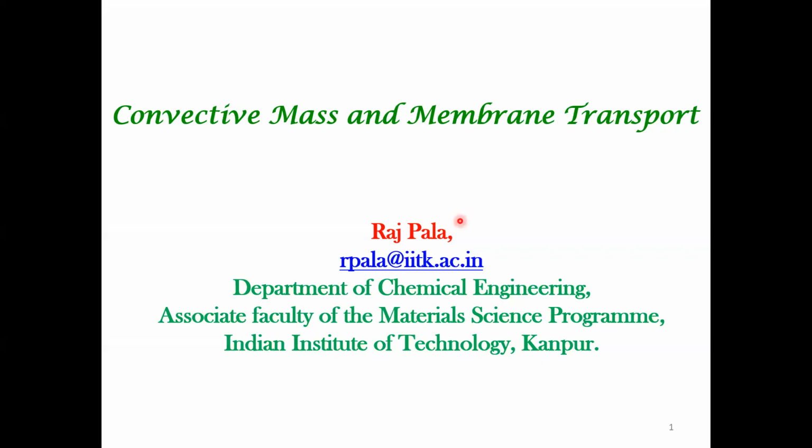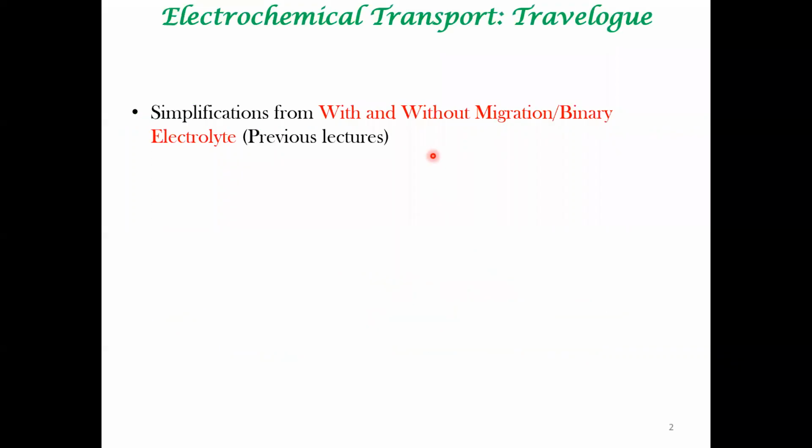Welcome back. In this lecture, we'll be addressing the issue of convective mass and membrane transport. In a series of previous lectures, we have analyzed how to simplify the complete set of equations relevant to electrochemical transport.